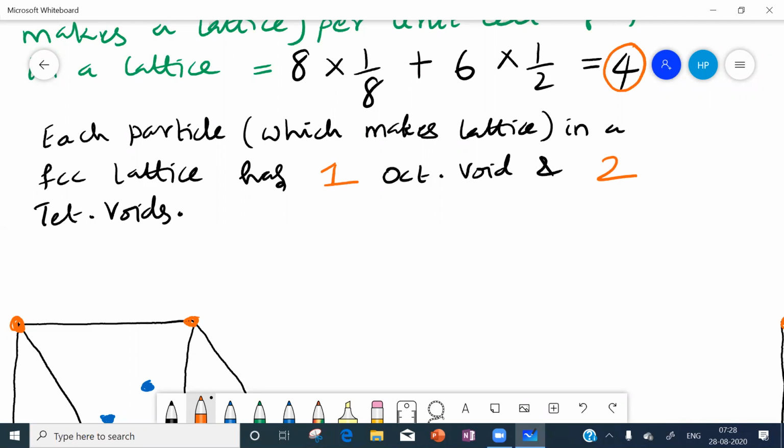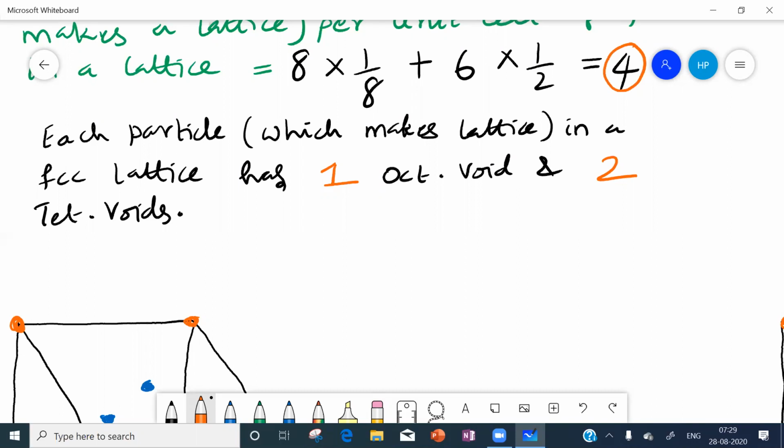The same thing holds for HCP. Why is it so? Because in FCC and in HCP the successive layers are the same, therefore this point remains the same in FCC and HCP.